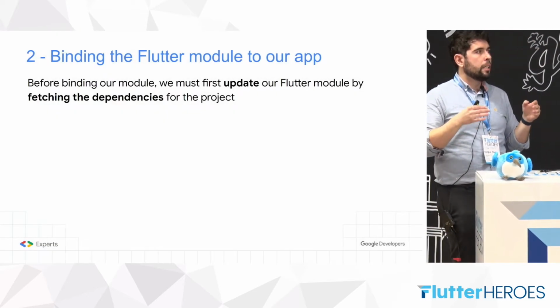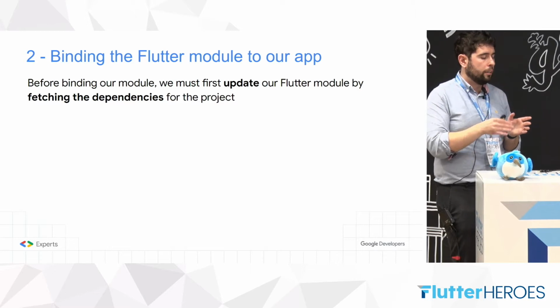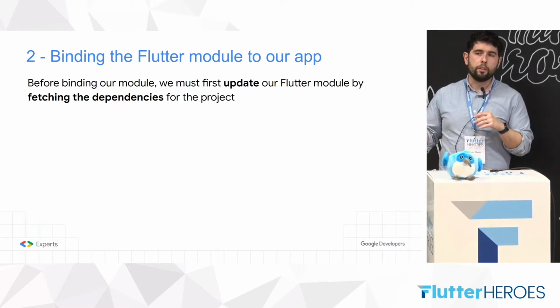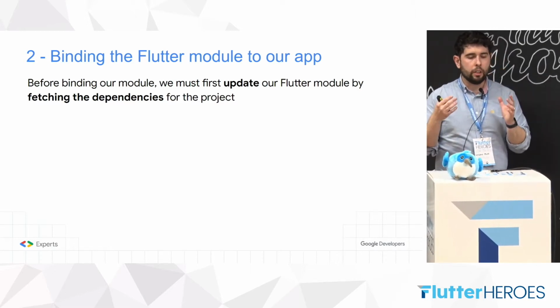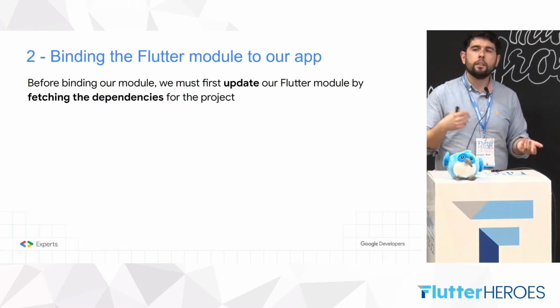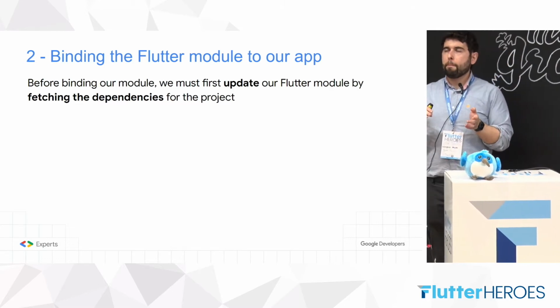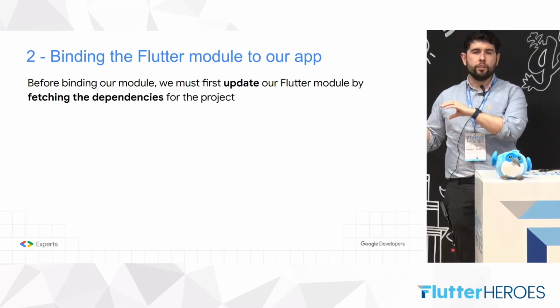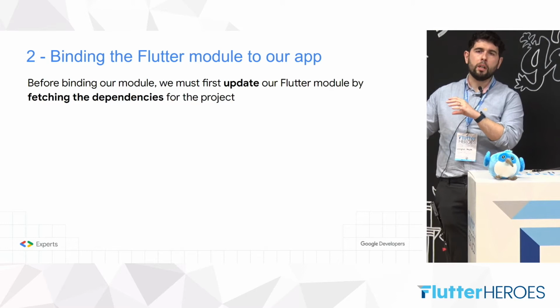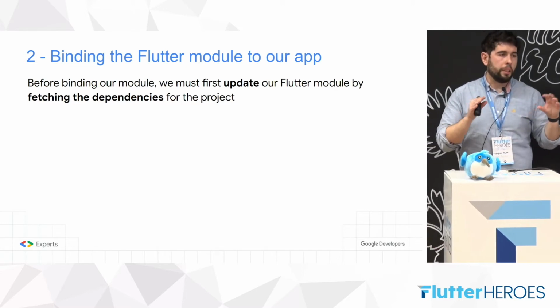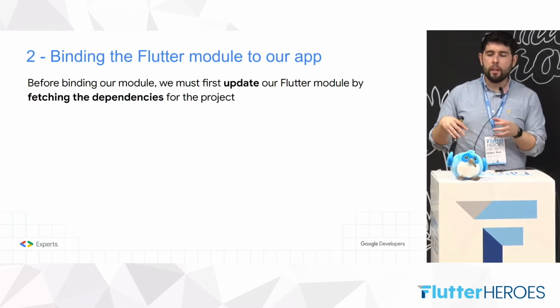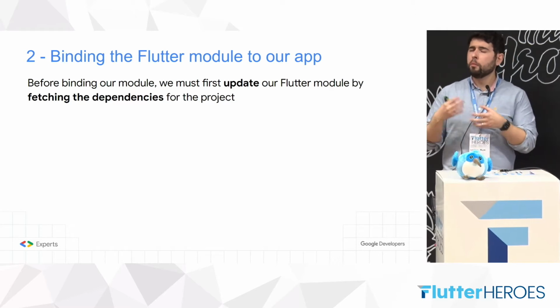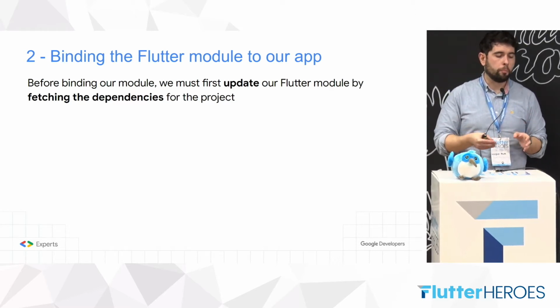And there are different ways that we can add our module to the application, and it depends on the specificities of our team. As I said at the start, we need to see, okay, am I going to have a native team that doesn't care about Flutter and I want to integrate Flutter, or do I have a team of curious people that maybe want to try out Flutter and want to try something?